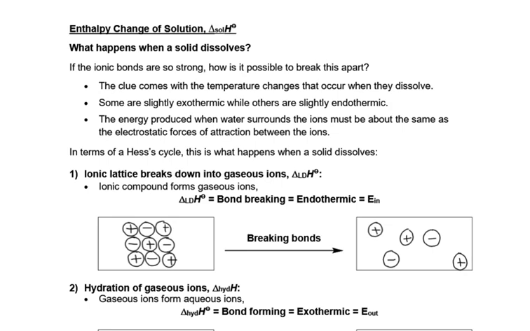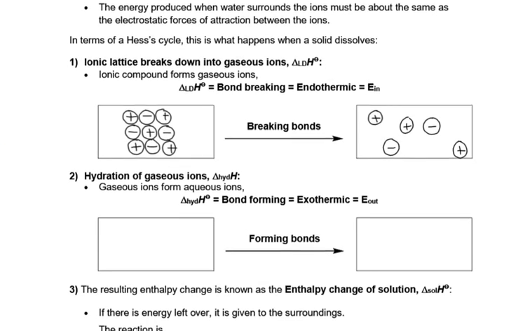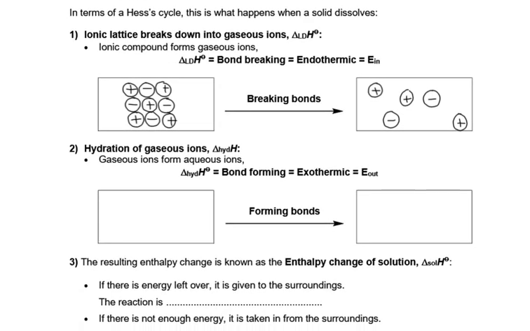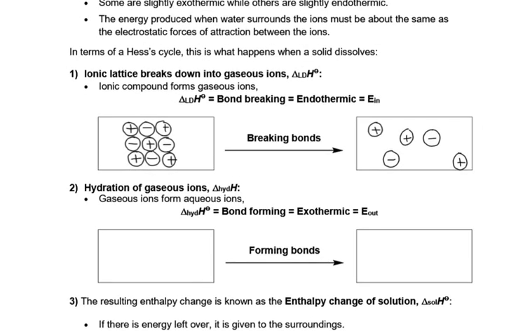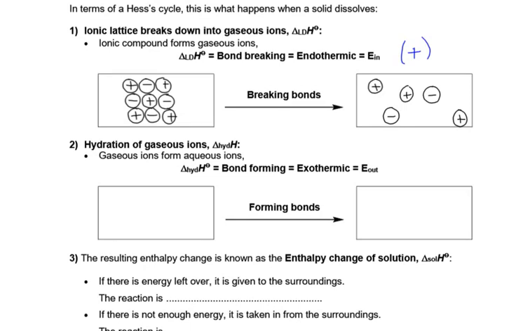That is the lattice enthalpy of dissociation. You have to put energy in. So you're putting in an amount of energy, positive, so you're going up on your energy diagram.